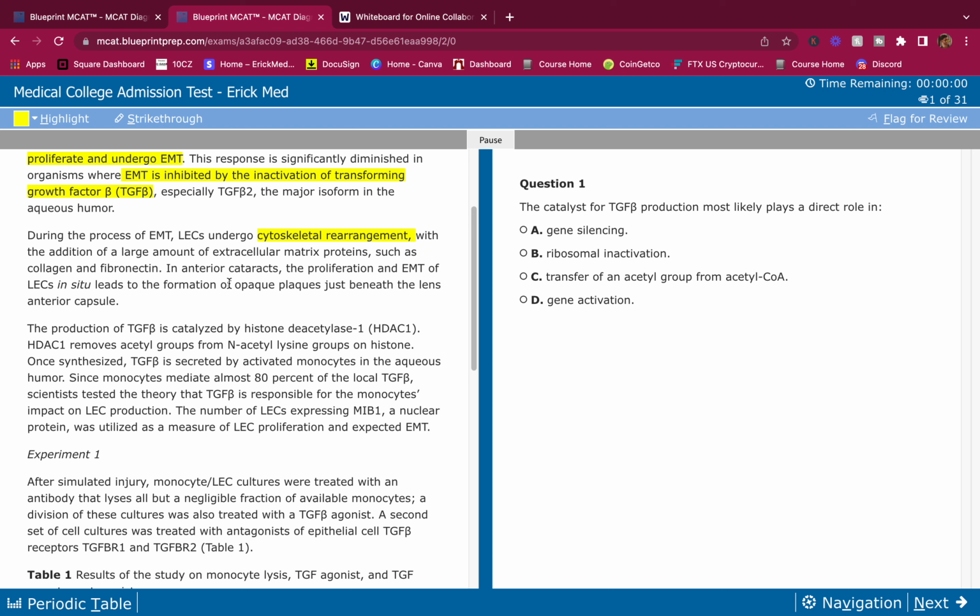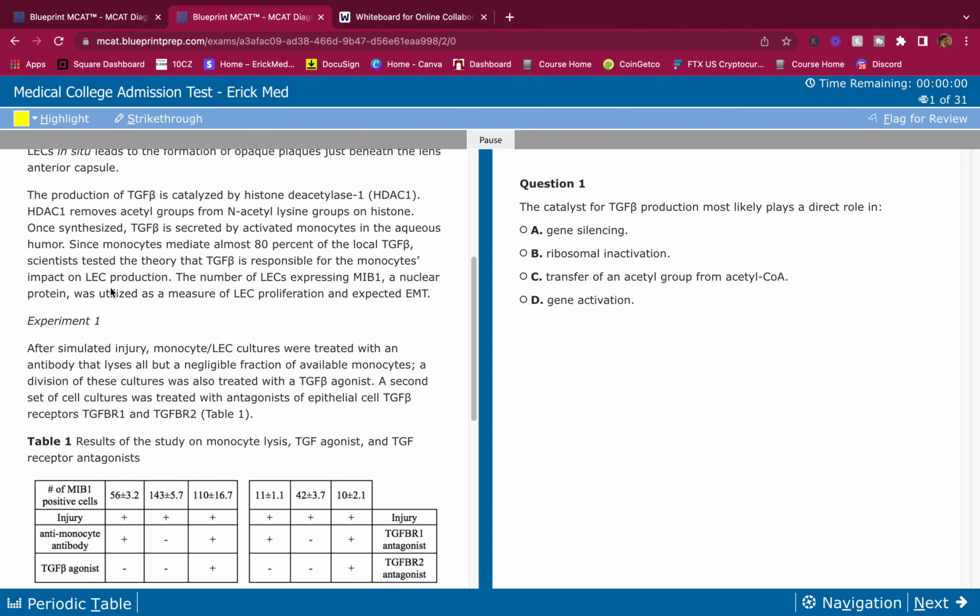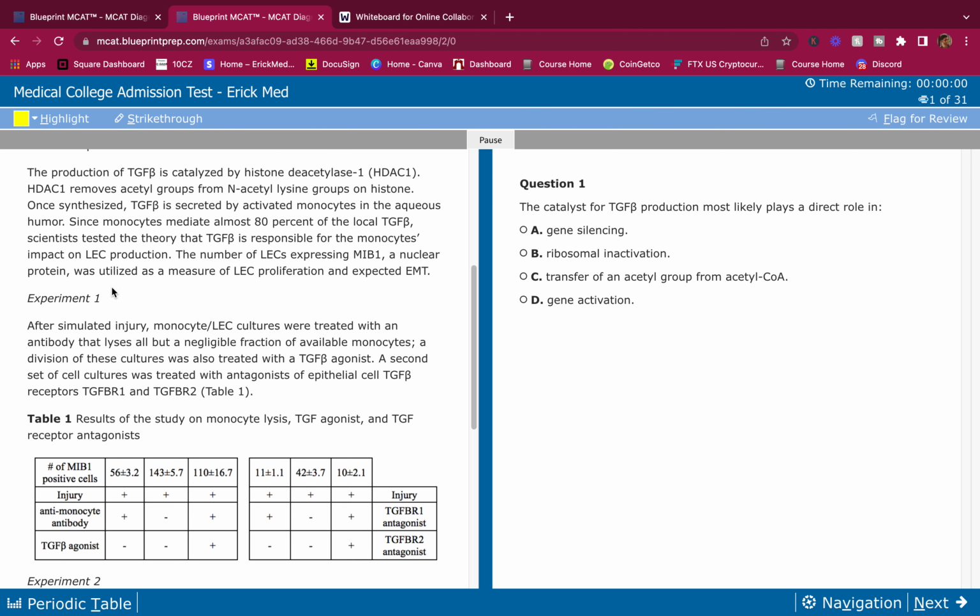In anterior cataracts, the proliferation and EMT of LECs in situ leads to the formation of opaque plaques just beneath the lens of the anterior capsule. All right. So it's the proliferation and EMT leads to the formation of these plaques. The production of TGF-beta is catalyzed by histone deacetylases.